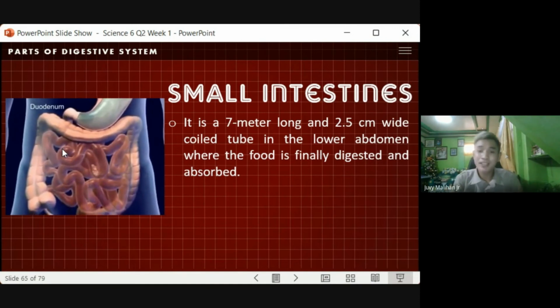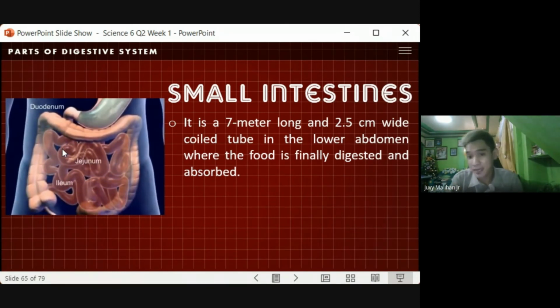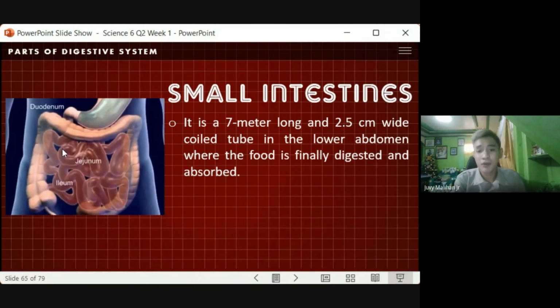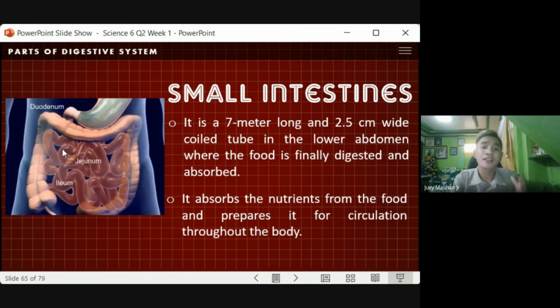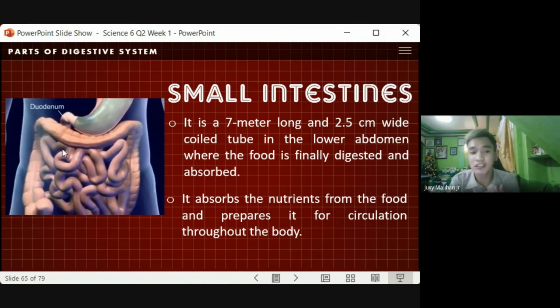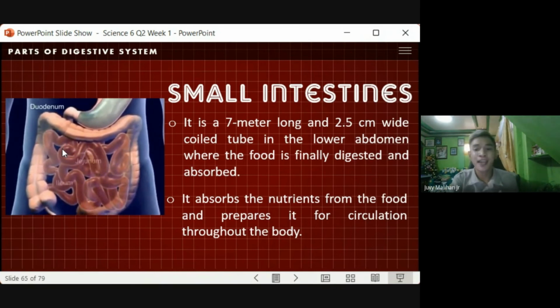Take note of that: it is in the small intestine that the final digestion takes place. The small intestines also absorb the nutrients from the food and prepare it for circulation throughout the body.